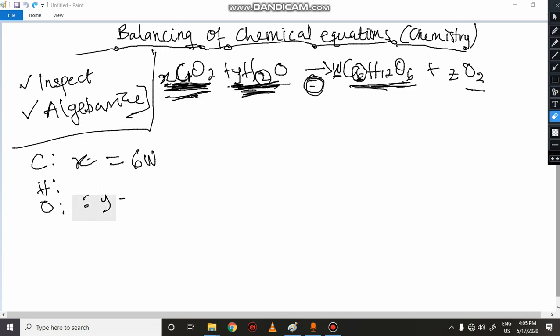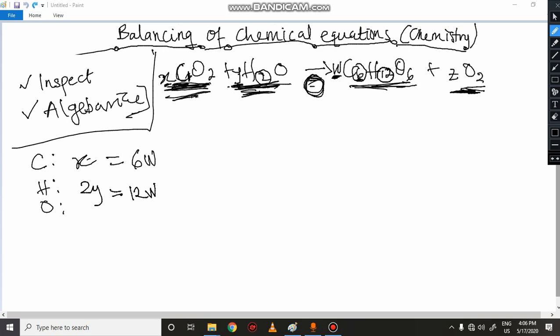Let me just move it up. So we got 2y here. Then we reach our equal sign. Our H here was 12, so it will be multiplying w, so 12w. Then when we move to the last term, we have no H there.